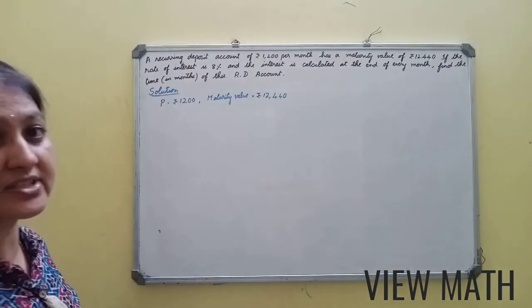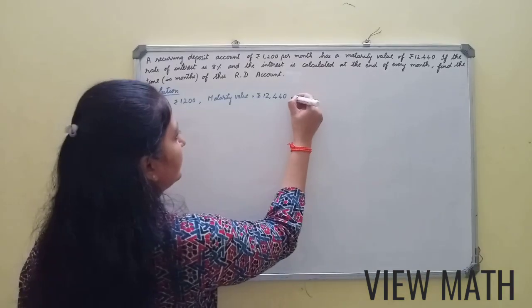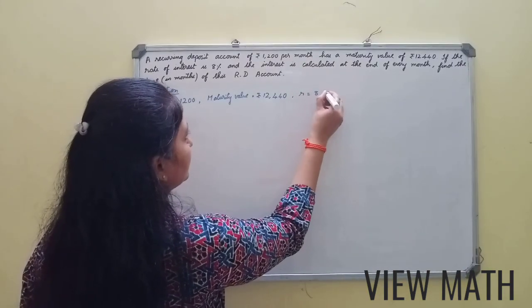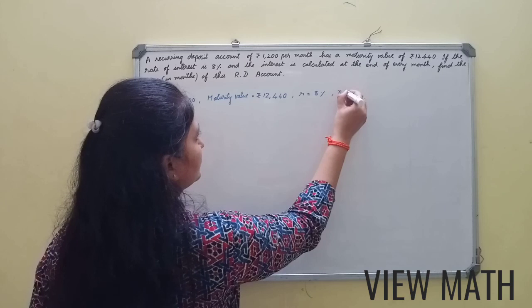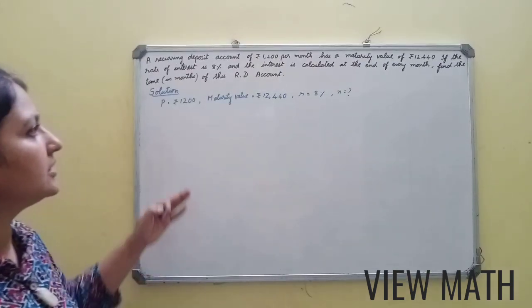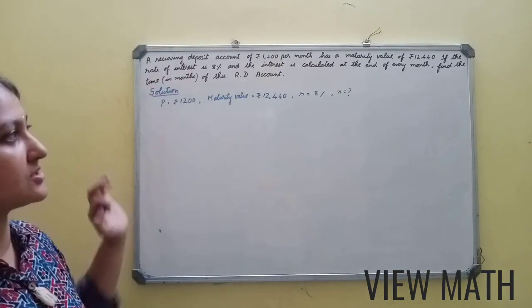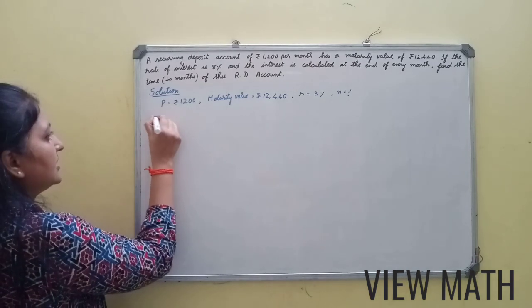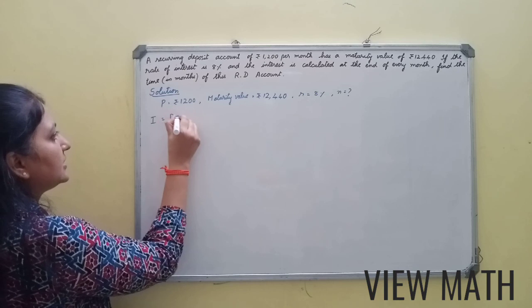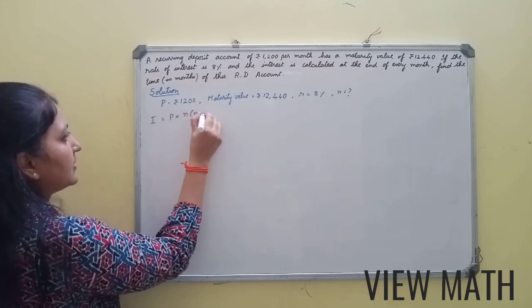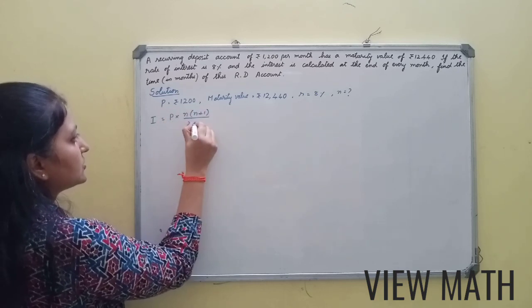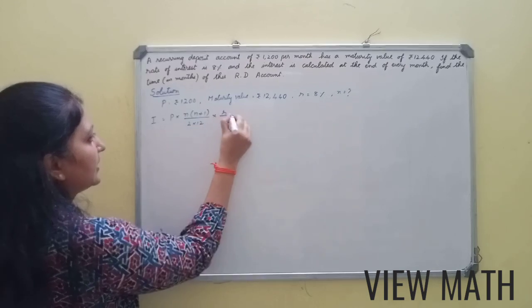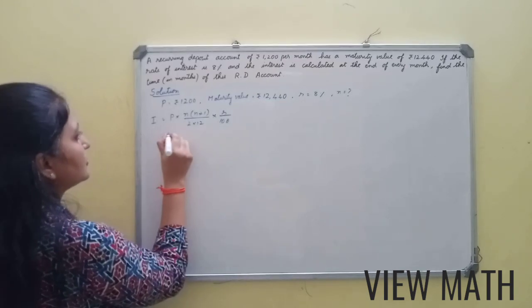If the rate of interest is 8%, R value they have given, R is equal to 8%. They are asking us to find out the N value. Find the time in months. So N value they are asking us to find out. Again the same procedure, I which is equal to P into N plus 1 by 2 into 12 into R by 100. Let me substitute.